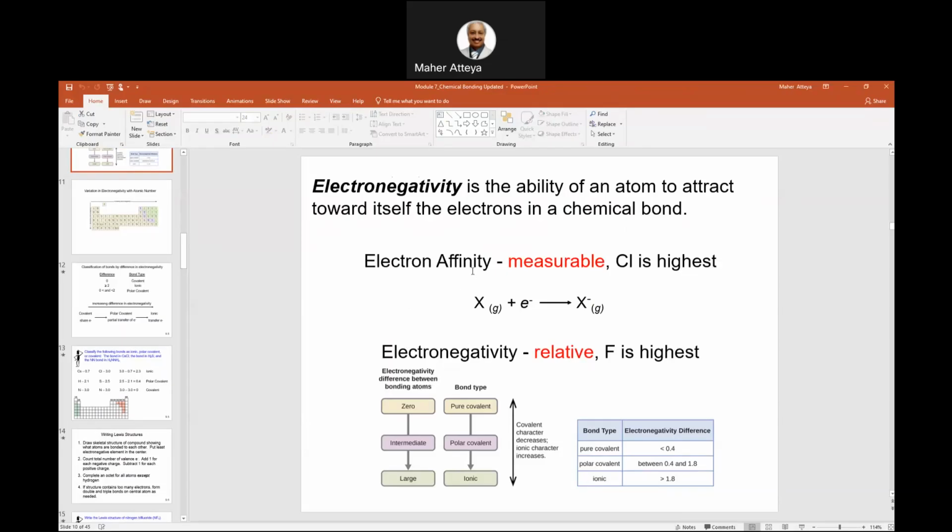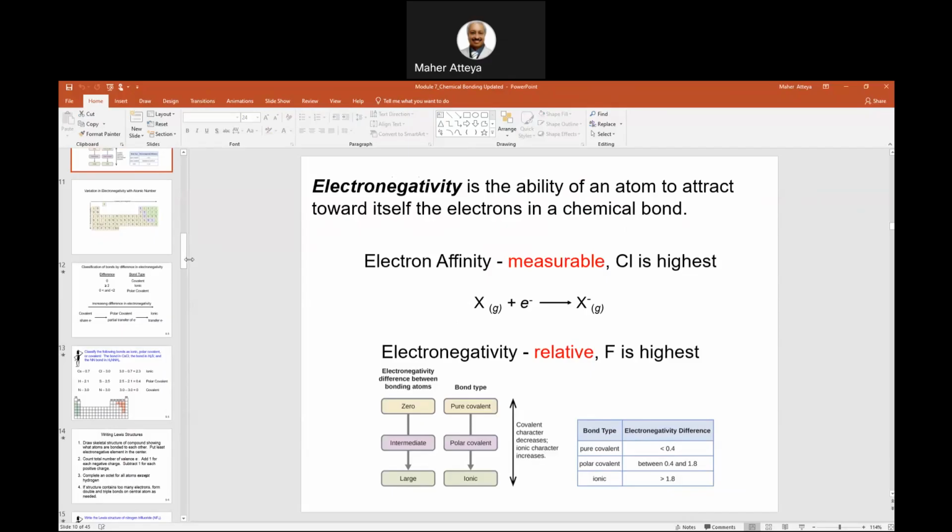Electron affinity is for the atoms by themselves, but electronegativity is by bonding, within the compound itself. Therefore, you can see here the covalent character decreases, ionic character increases. This is what we had last time in the last chapter.